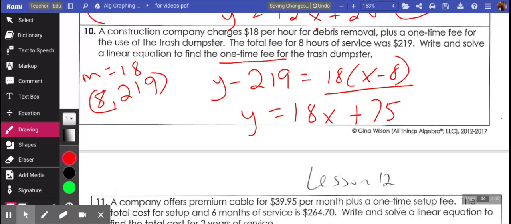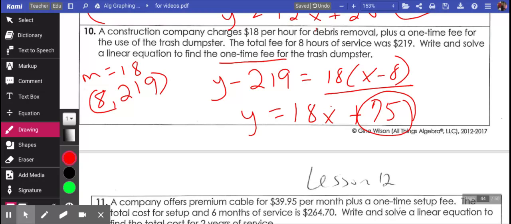And then we're trying to find the one-time fee. So we are going to put 0 in here because we want to know what it is before there's any per hour charges. So 18 times 0 is 0. Your one-time fee, or it would be your y-intercept, is going to be 75.